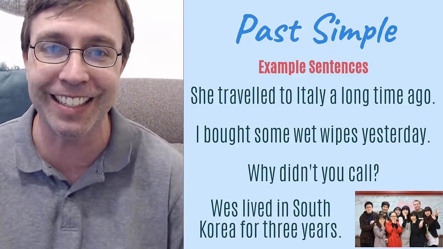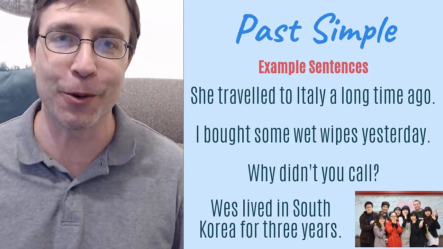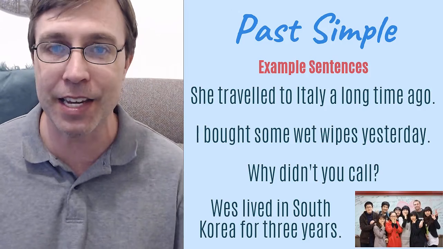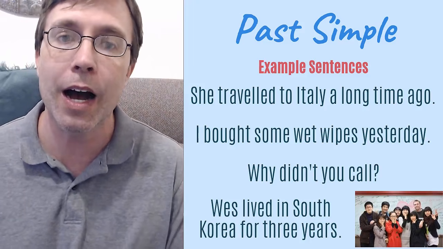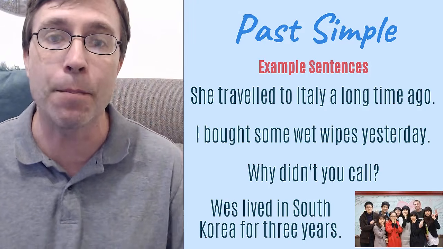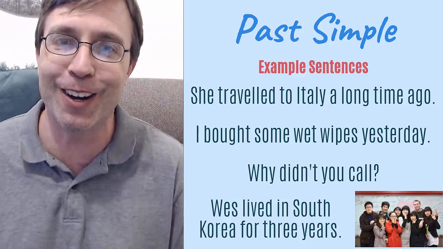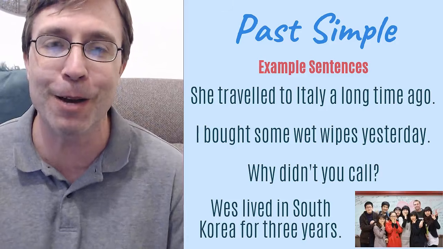I bought some wet wipes yesterday. That's a true story right there. Yesterday is indicating the time that's in the past. Bought is an irregular verb, so I buy in the present simple, I bought. They weren't for me, they were for our little baby girl, Amelia. But yes, I bought some wet wipes yesterday.